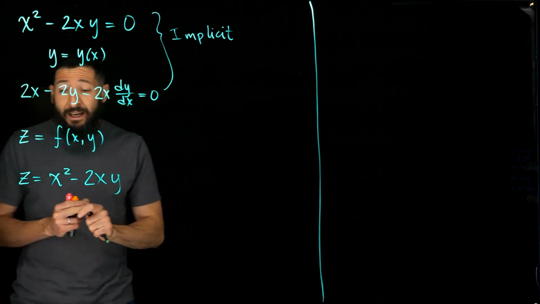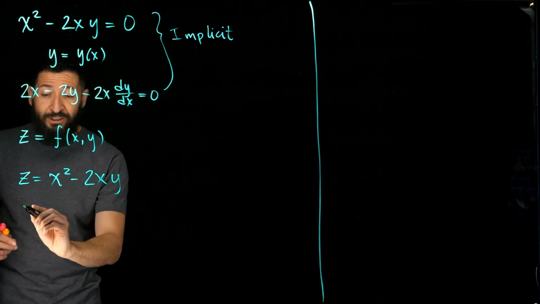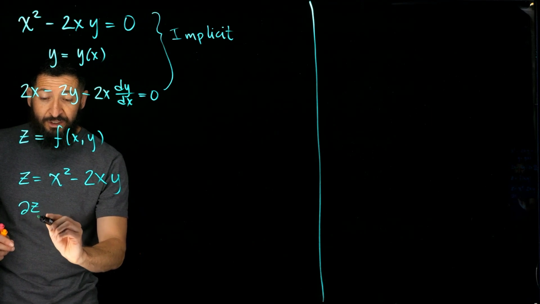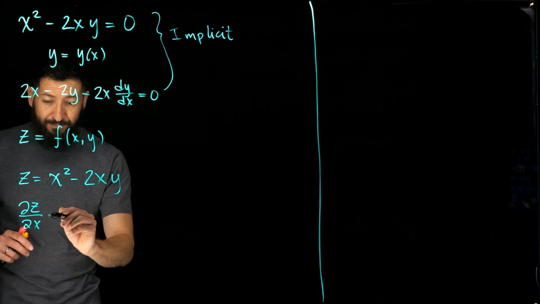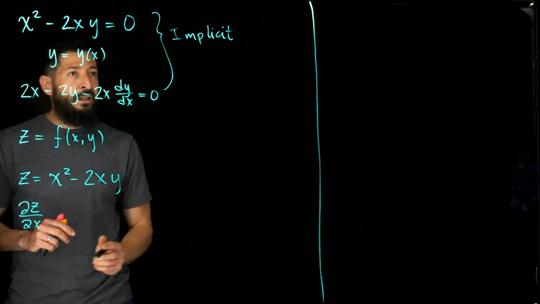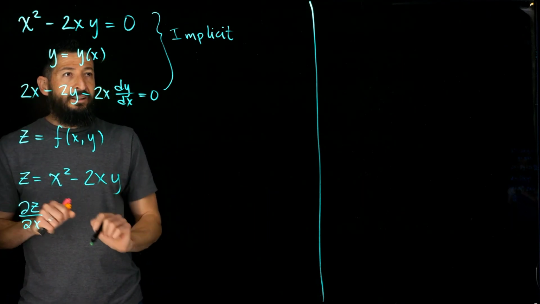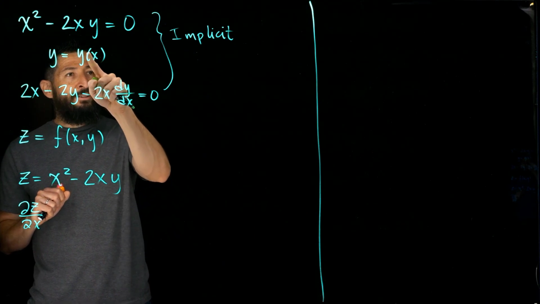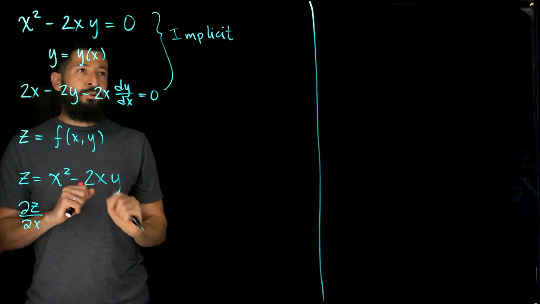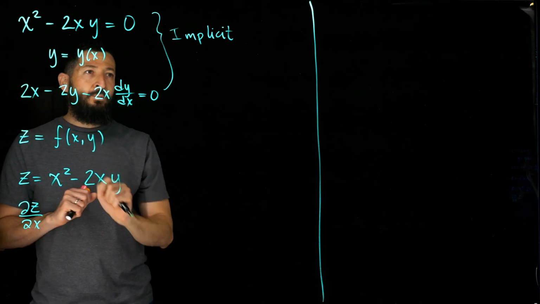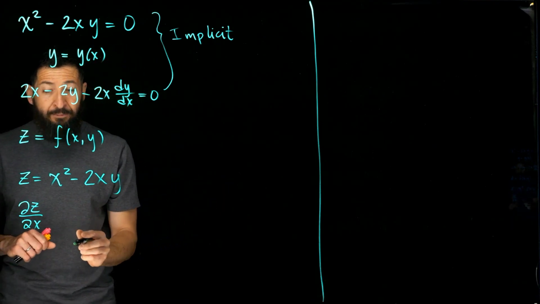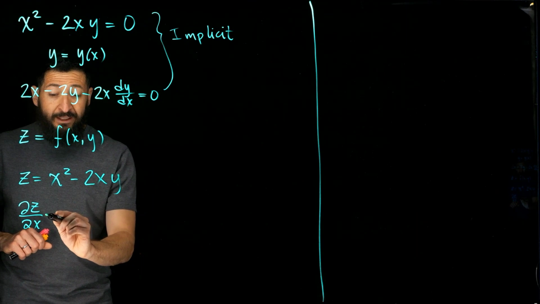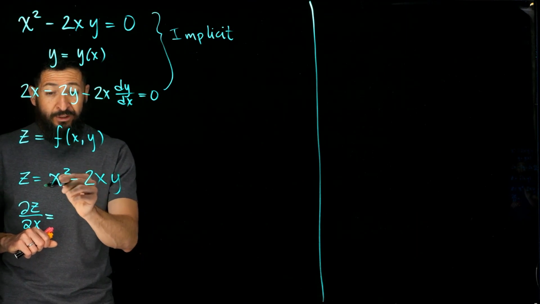But what we're saying now is that we're looking at how this function z is changing with respect to x. And in this case, x and y are independent variables. Z is a dependent variable. Back here in implicit differentiation, x was your independent variable. Y was dependent on x, or you were assuming that there was a dependence. And in this case, then, your partial with respect to x would be just the 2x minus 2y.